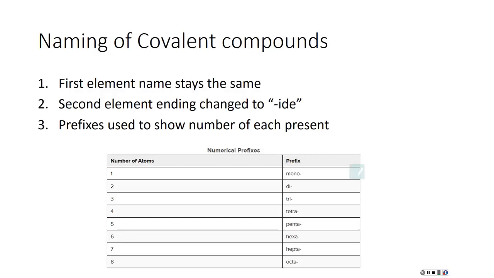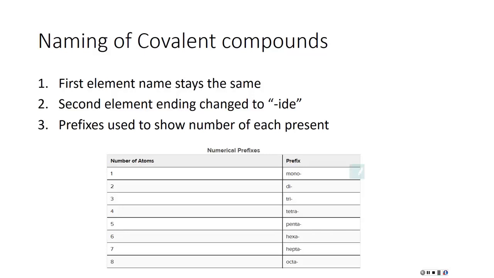Normally, chemists leave mono off the first one, but never the second one. So as chemists would speak, we would say carbon dioxide. And you guys have all heard of carbon dioxide before. It's the air we exhale. But if in this class you want to call it monocarbon dioxide, I'm perfectly fine with that. It doesn't matter to me at all.